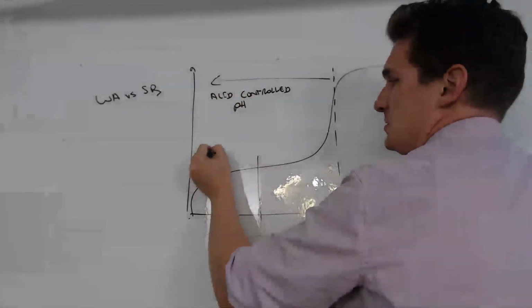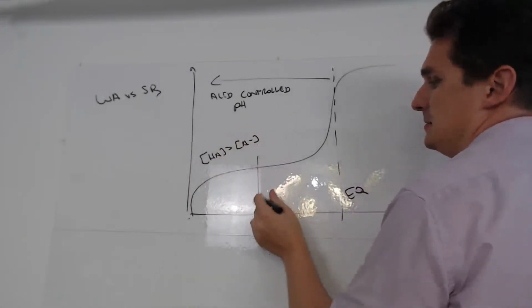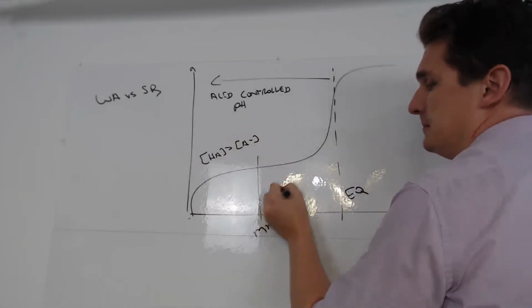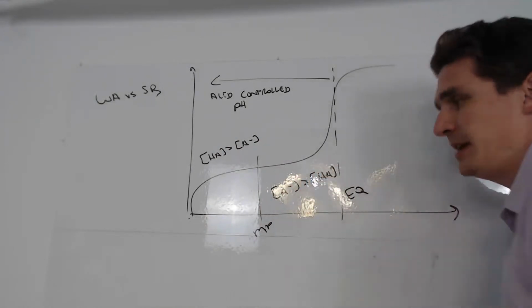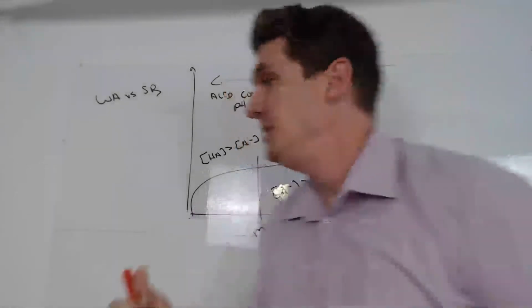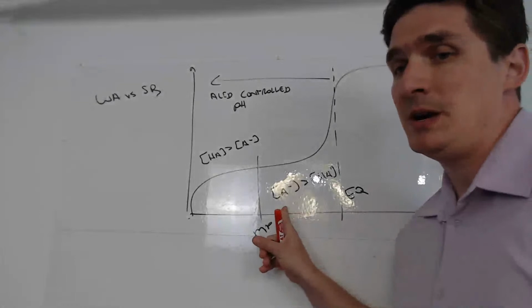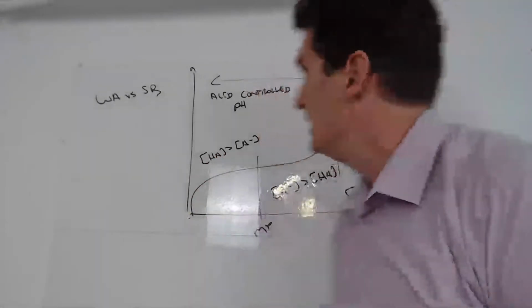We have one where the concentration of the parent acid is greater than the concentration of the conjugate base. And then past the midpoint, we've got more conjugate base than we have parent acid. So this is why we see this singular point: beyond the midpoint, we're getting more pH control by the conjugate base. Beneath the midpoint, we're getting more pH control by the parent acid.